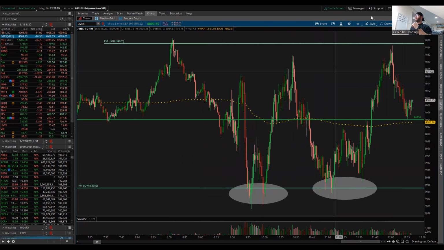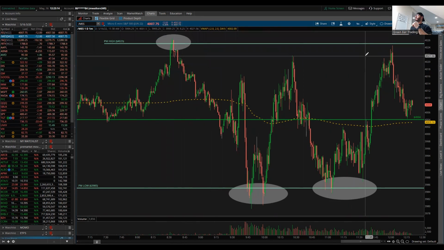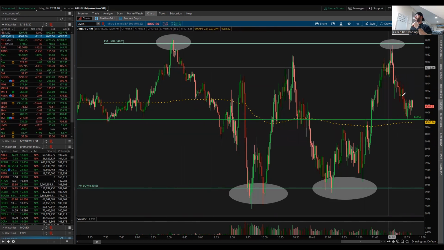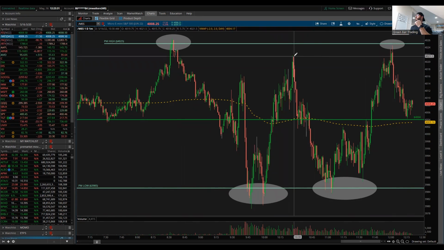The pre-market high we now had right here at 8:30, and we just saw that about a half hour ago. So these are areas where, if you're going to trade, you can get short at these tops, and you can get long at support.